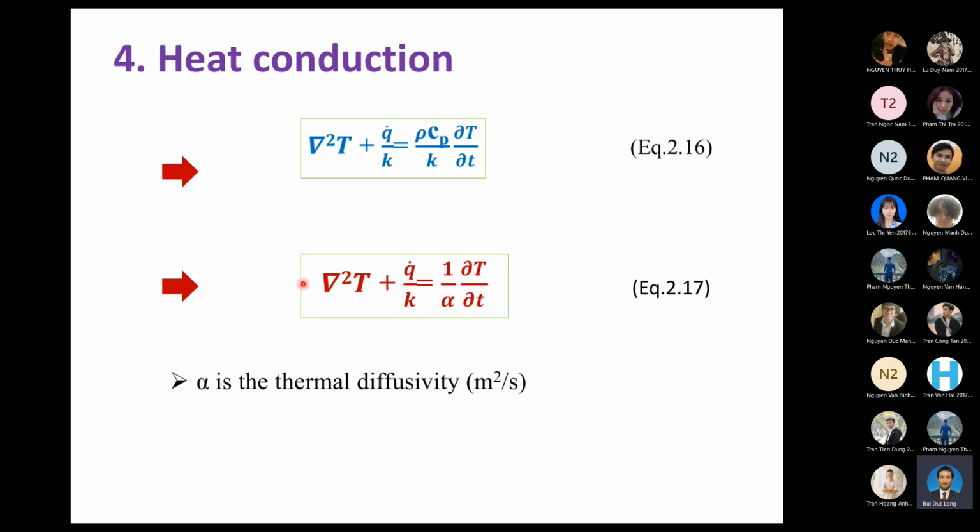So we have a very simple equation here. Please take note of this equation. Alpha is the thermal diffusivity, I already mentioned to you. Kappa here is thermal conductivity, and Q is the heat generated in the system. So the equation becomes very nice already.